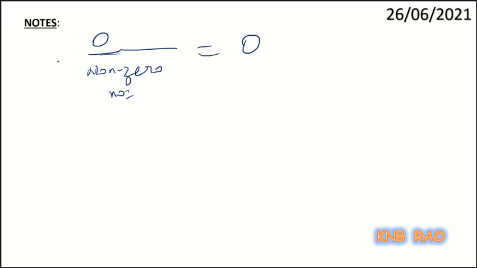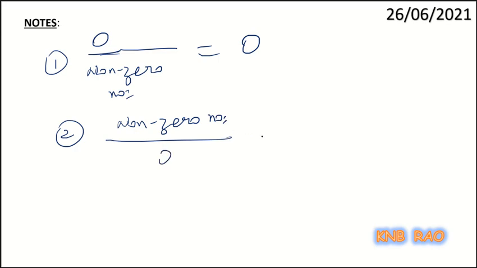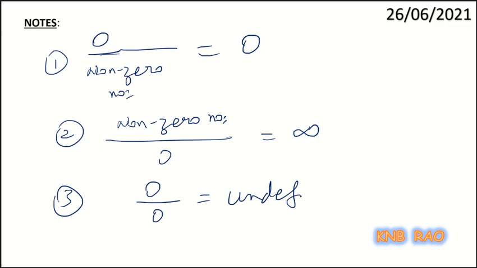So, note 1, note 2: a non-zero number by 0 gives you uncountable. Third, 0 by 0 is undefinable. So, these are the 3 important notes which you have to write down after pausing the screen.